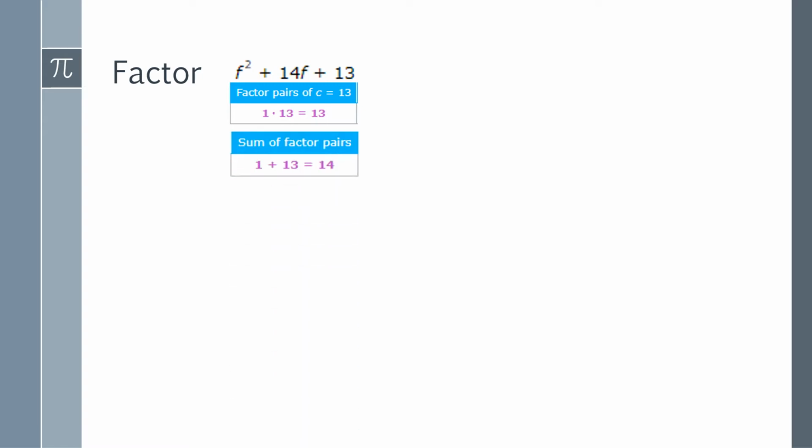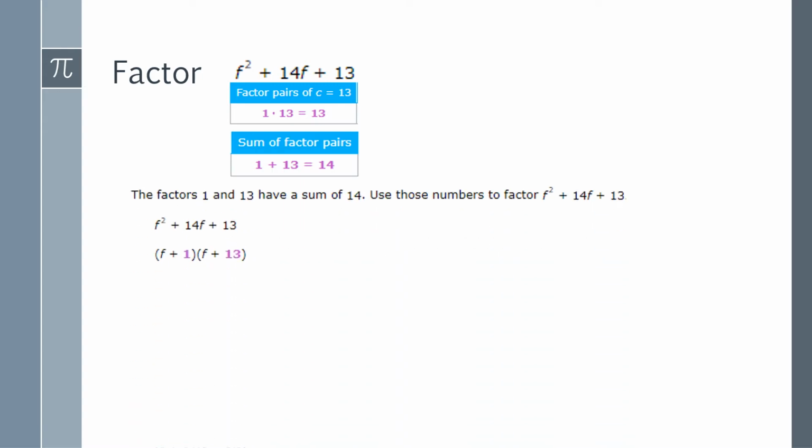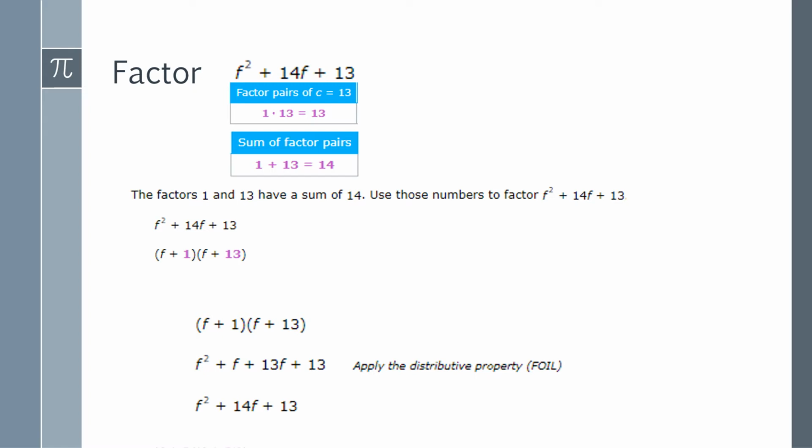So of course we said 1 and 13 gives me 13 when I multiply. And then when I use those same two factors to find the sum of 14, I get it. All right. Factor out accordingly. And then I checked my work. I applied the FOIL method to check my work.